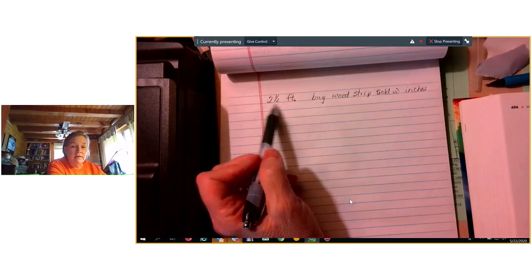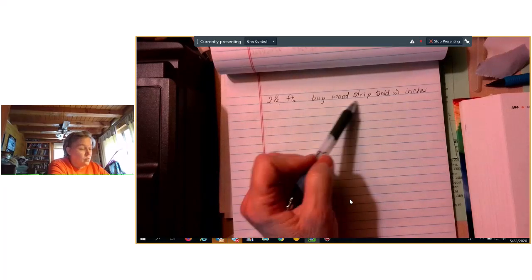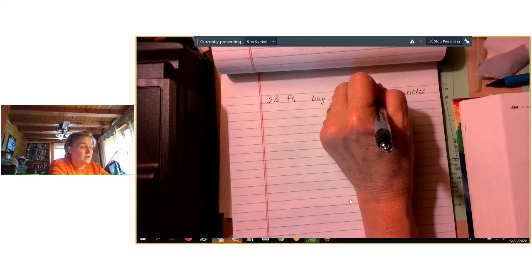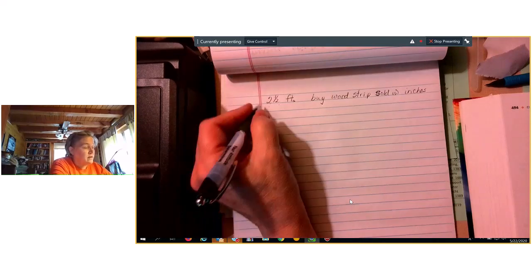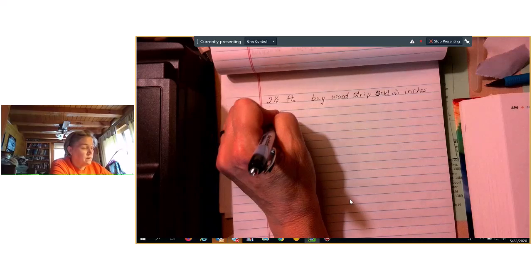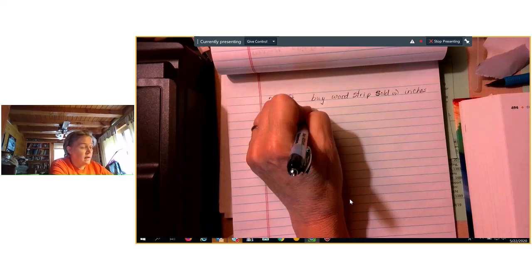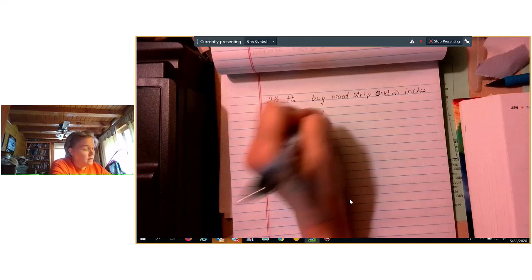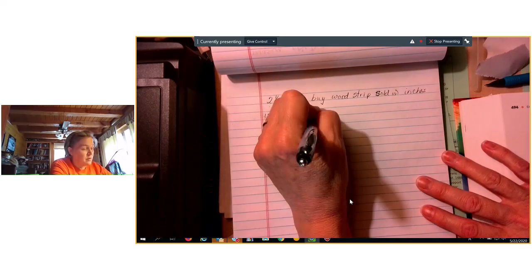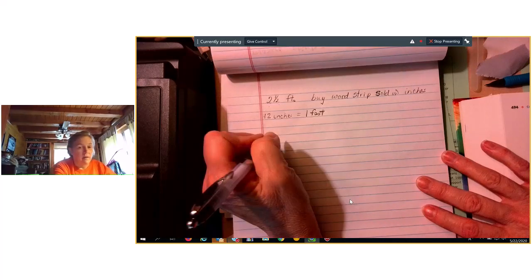So I know that it's 2.5 feet, but I need to buy a wood strip that's only sold in inches. So you need to know that 12 inches equals 1 foot. And like I said, everybody should know this, so if it seems silly that I'm doing something like this, it's something basic to work it out.